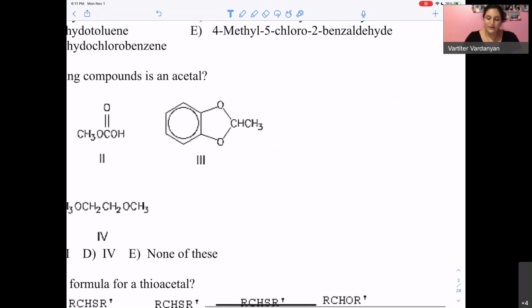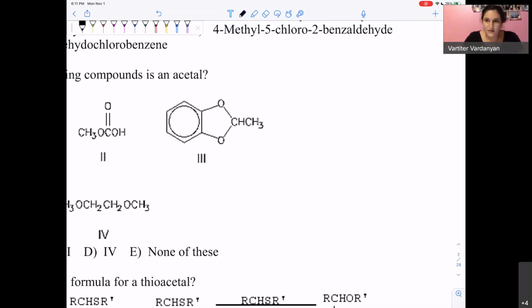Ooh, okay, so we're very close. So, yes, we have a carbon, and that carbon is attached to one R group, one H, and then two OR groups.